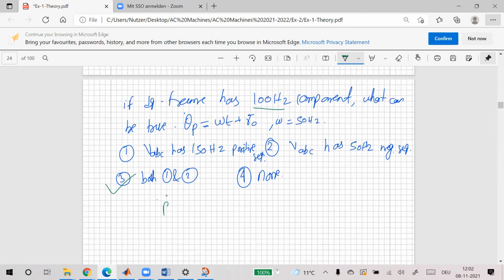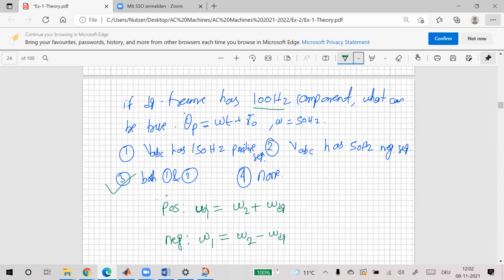So due to positive sequence, your omega 1 can be omega 2 plus omega DQ. And due to negative sequence, your omega 1 can be omega 2 minus omega DQ.